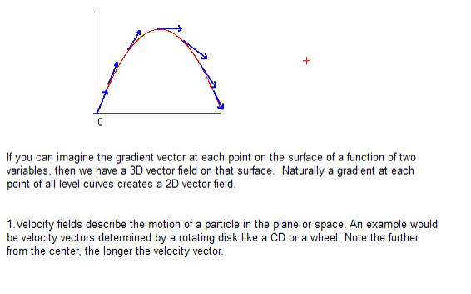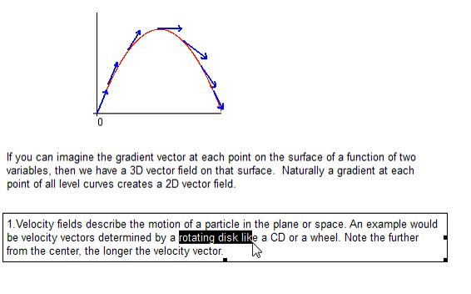So, velocity fields describe the motion of a particle in the plane or space. An example would be velocity vectors determined by a rotating disk, like a CD or a wheel or a tire. The further from the center, the longer the velocity vector is, right? Because at the center, the rotation isn't as fast as it is on the outside. Ride a merry-go-round and you'll understand.